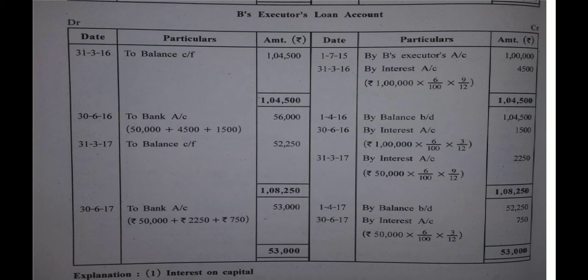The reason is that the accounting year is completed on 31/3/17. This is the reason we have calculated only for 9 months. So the total of the credit side now is higher, which is 1,08,250.